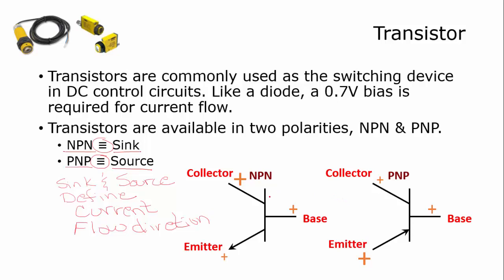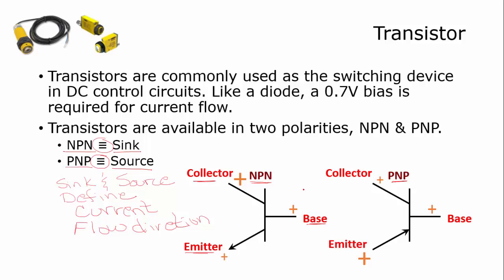So if you look at the transistors, there's two polarities. There's an NPN transistor, there's a PNP transistor. Transistors consist of three elements. There's an emitter, a collector, and a base. Both polarities have the same type of leads. The base lead, these are switches.